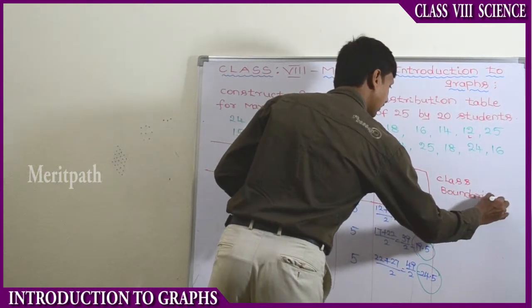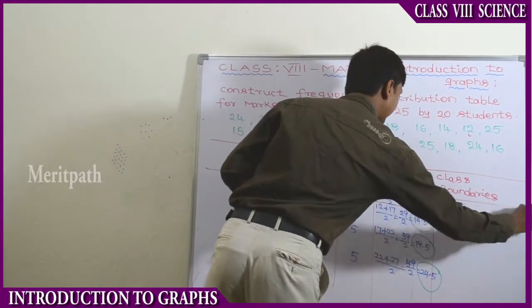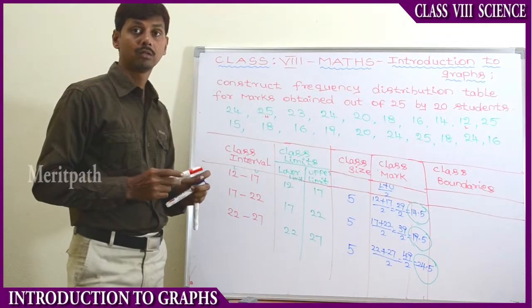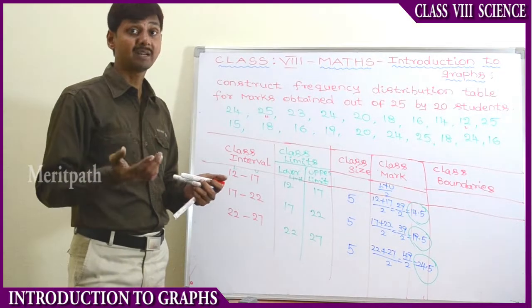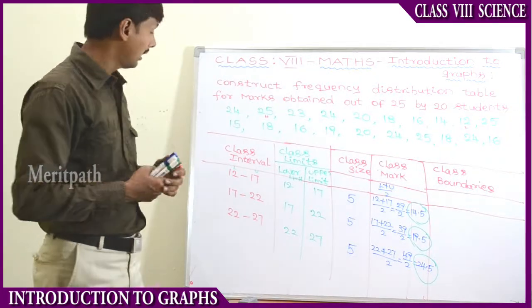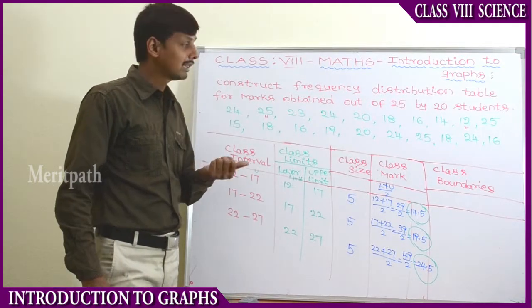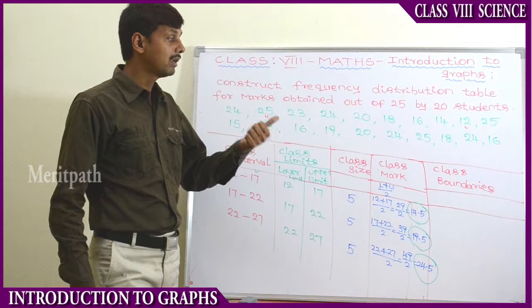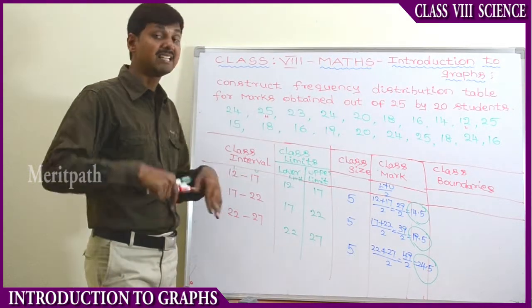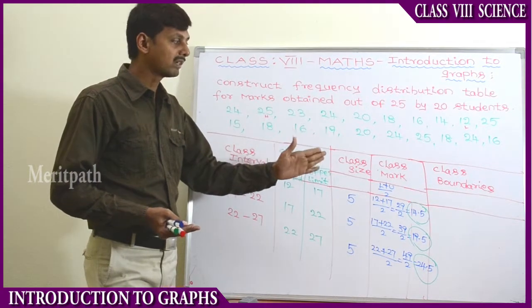Class boundaries. Here in the class boundaries we have true lower limits and true upper limits. What are the true lower limits and true upper limits? When the class interval is in inclusive classes, we change them to exclusive classes and take the exact boundaries, which we call class boundaries.